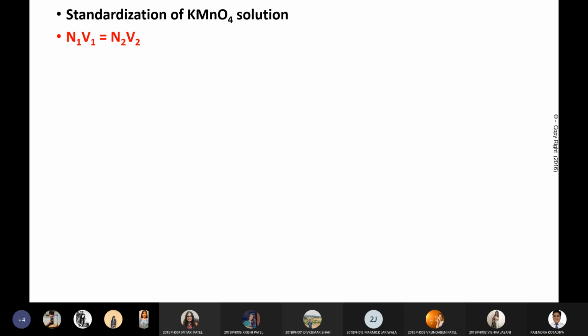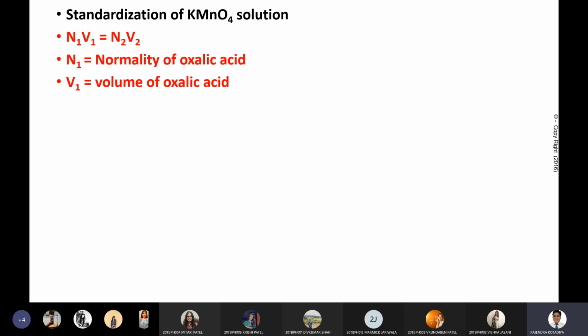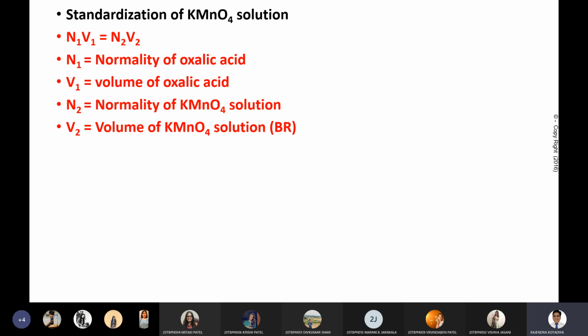Here N1 is the normality of oxalic acid, V1 is the volume of oxalic acid, N2 is the normality of the KMnO4 solution, and V2 is the volume of the KMnO4 solution, that is nothing but our burette reading. Ultimately, the normality of KMnO4, that is N2, will be equal to N1V1 divided by the burette reading.